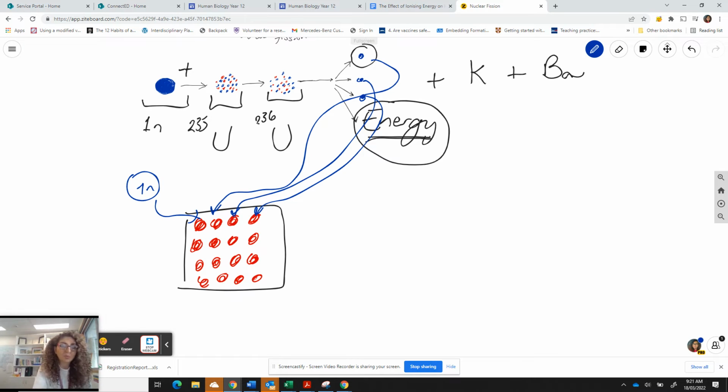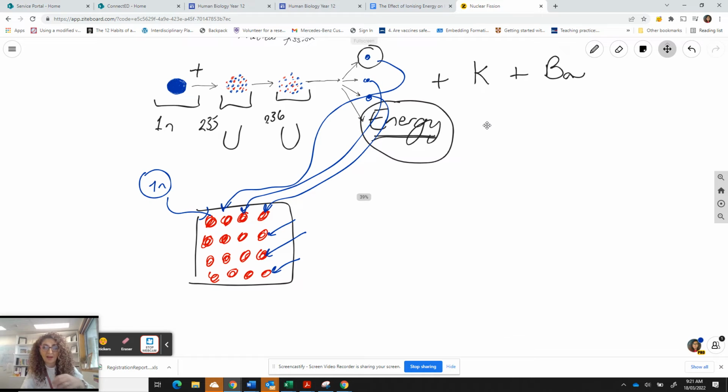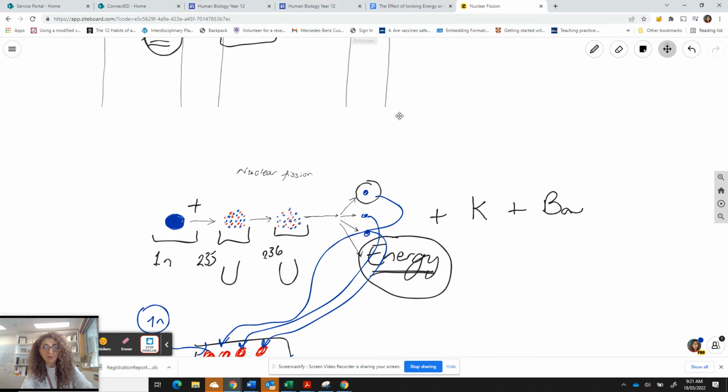And the more neutrons you produce, the more they can target the rest of the uranium atoms. So as a result, and this is happening within seconds, of course, what you're producing is these vast amounts of energy.